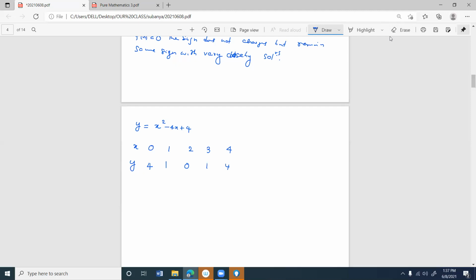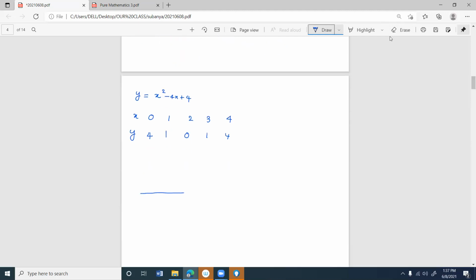Now you can see that here you can straightforwardly get the solution. If I plot this, x is 1, 2, 3, and 4, and the y values are: 0 gives 4, 1 gives 1, 2 gives 0. Now if I sketch this graph, this is the point of solution, a solution of f(x) equals 0.